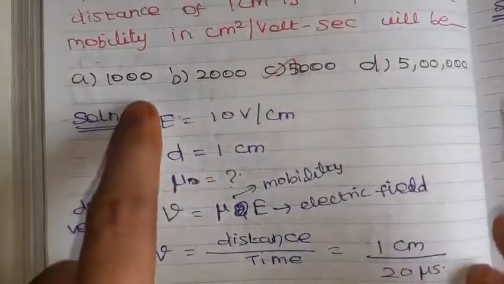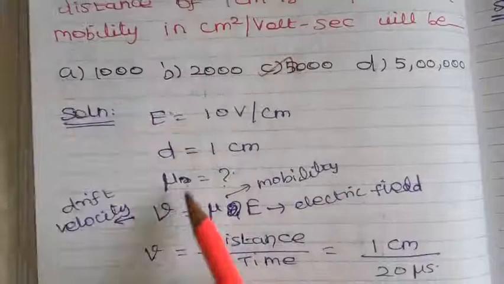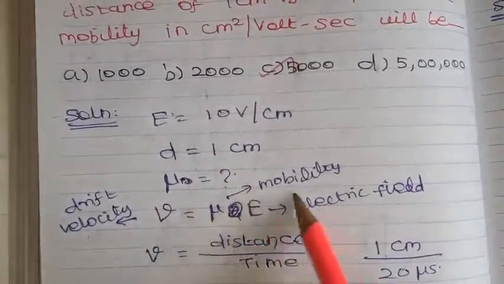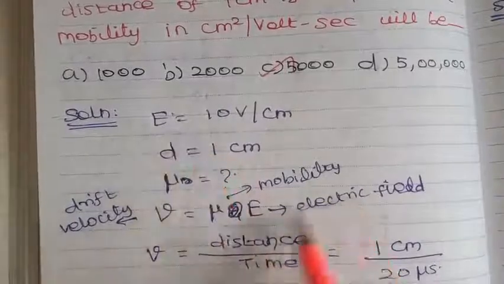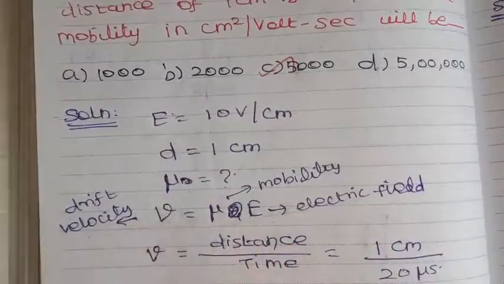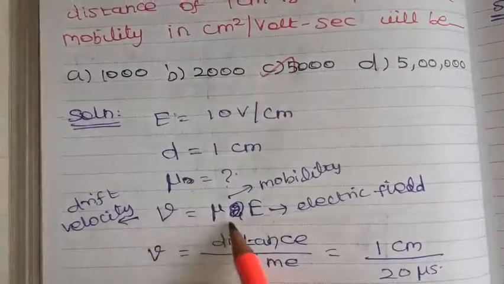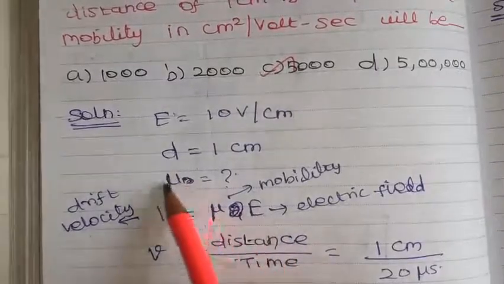So what is the relation between E and mu? Drift velocity V is equal to mu into E, where mu is the mobility and E is the electric field. We are going to find out the mu value.